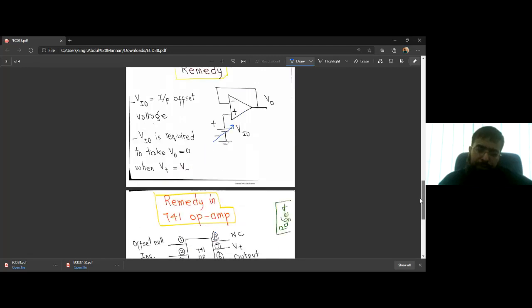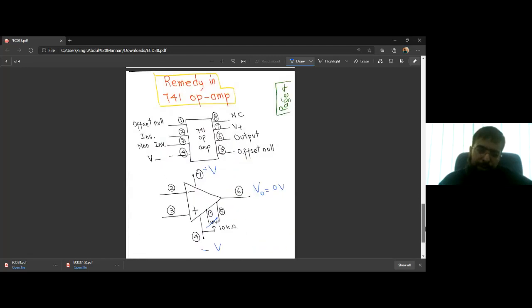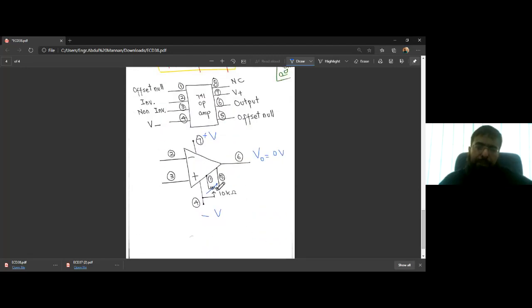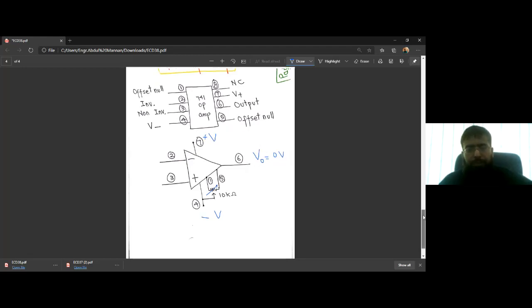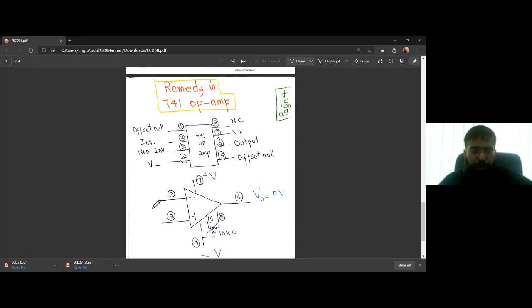The remedy, the input offset voltage applied for the 741 op-amp, brings the output to 0 when the 2 inputs are grounded. So we can connect the 2 inputs, pins 2 and 3, to ground. The inverting and non-inverting inputs are connected to ground, and the output is brought to 0 by adjusting this 10k resistor.